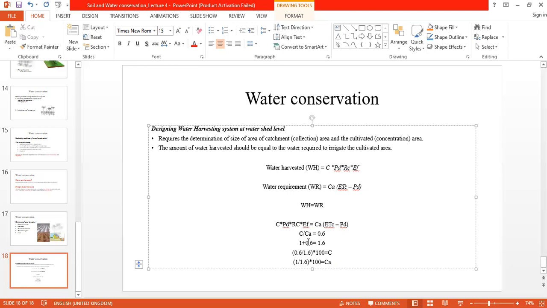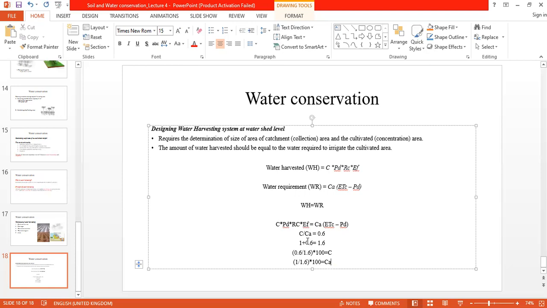But if, for example, the big C here is 2, then this is 1.